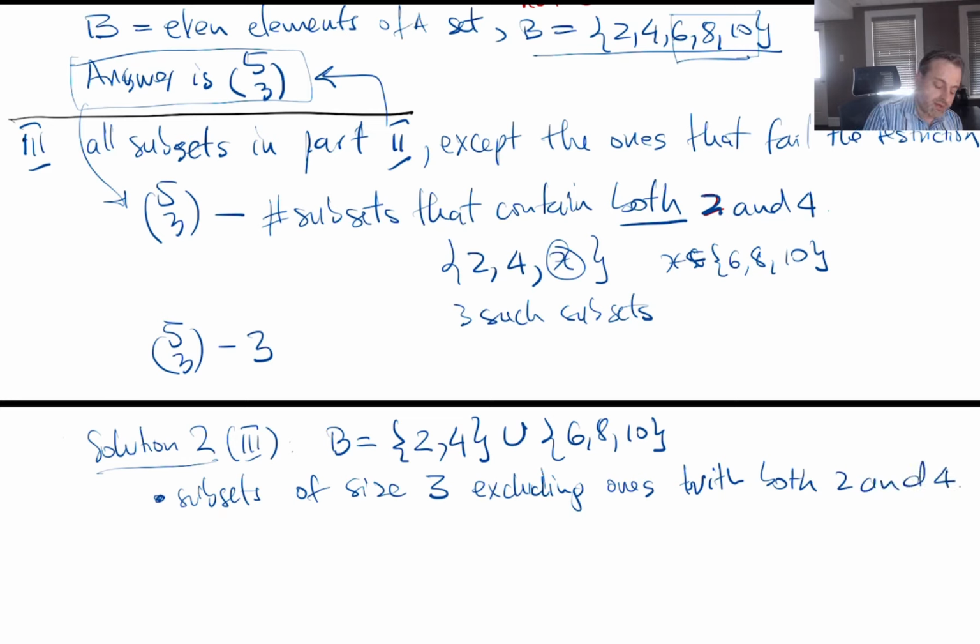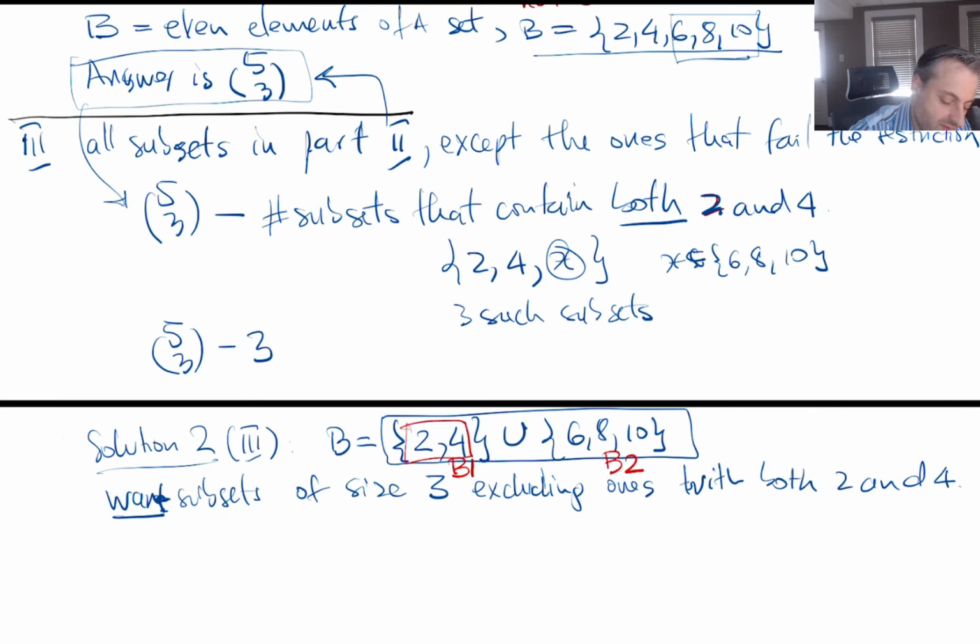So now I'm looking at my partition here, and I'm trying to build these subsets. That's what we want. So how can I build those subsets? I'm going to break this B into B1 that contains these 2, and B2 that contains those 3.